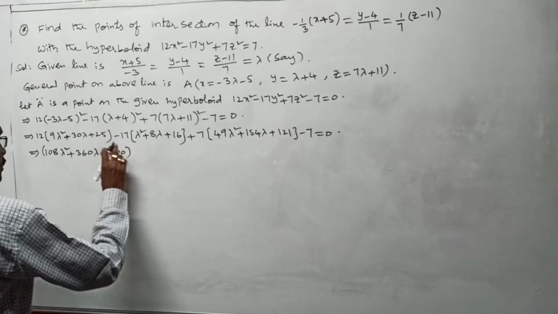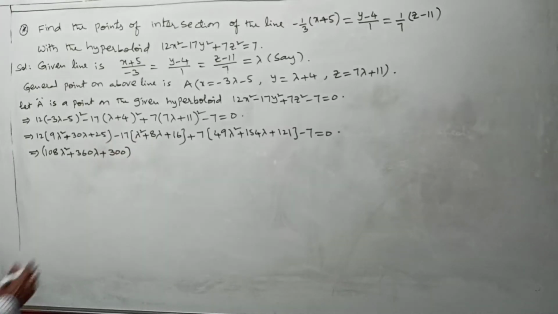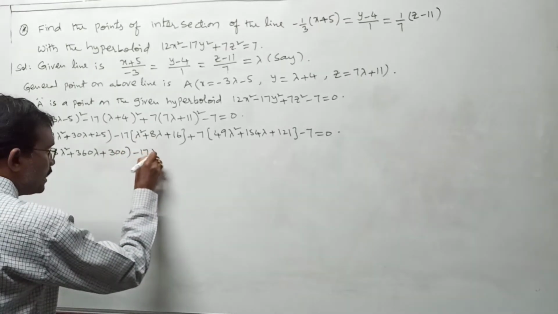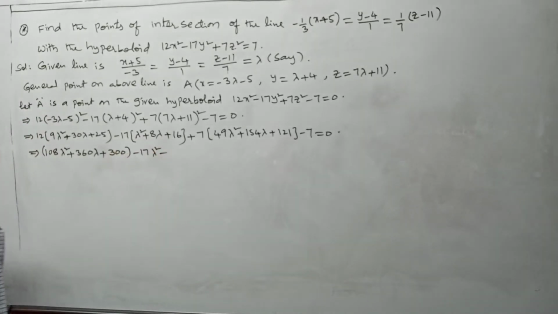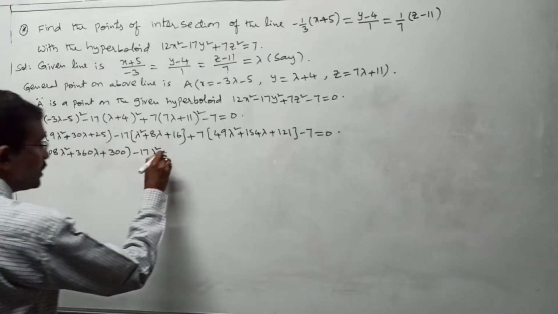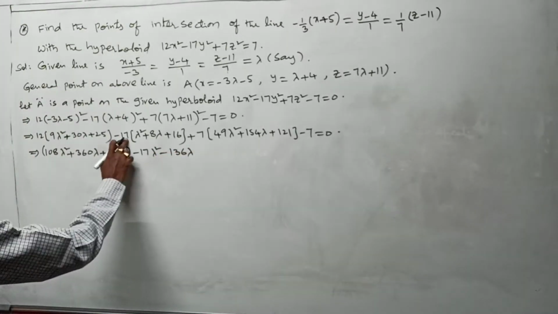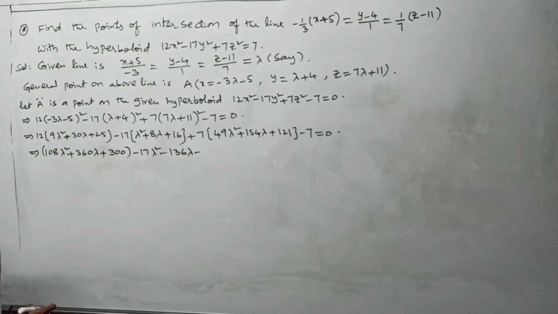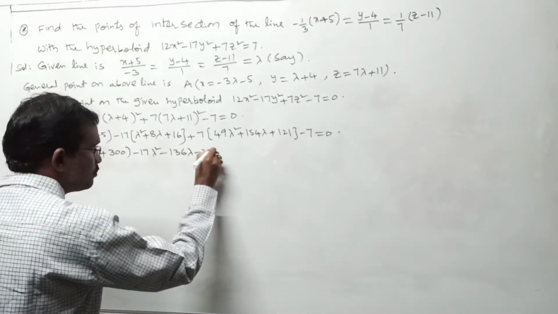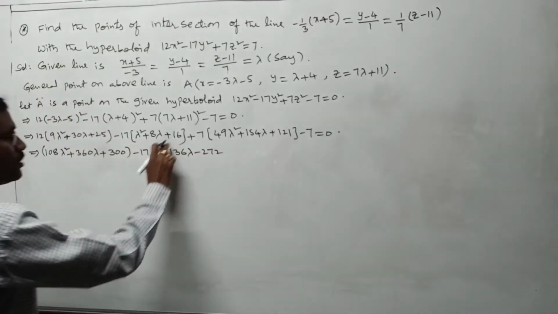Next, here minus 17 take inside: minus 17 lambda square minus 17 into 8, it is 136 lambda, minus 17 into 16 is what? 272. This part is over.